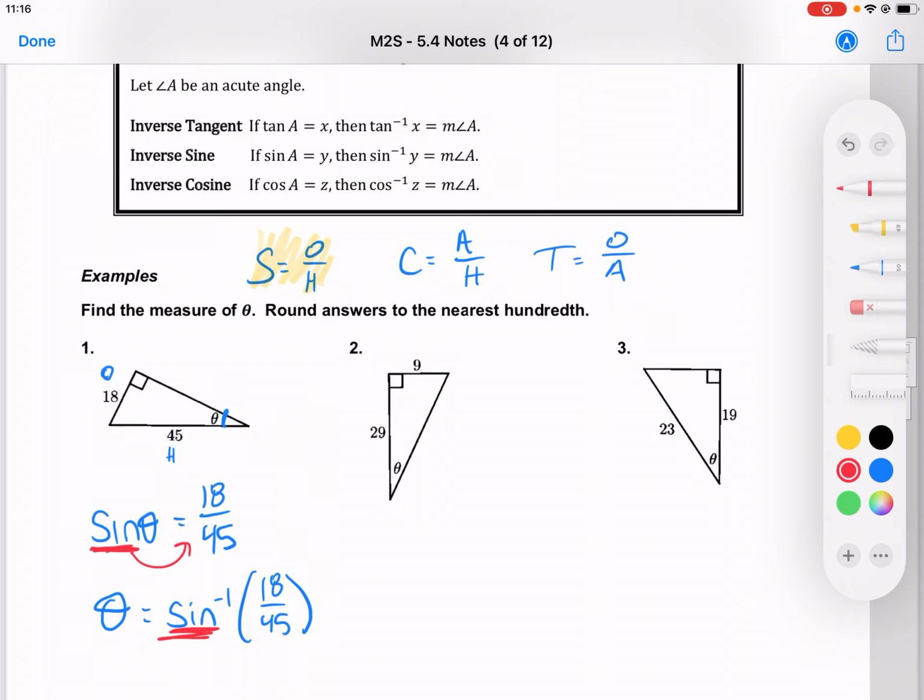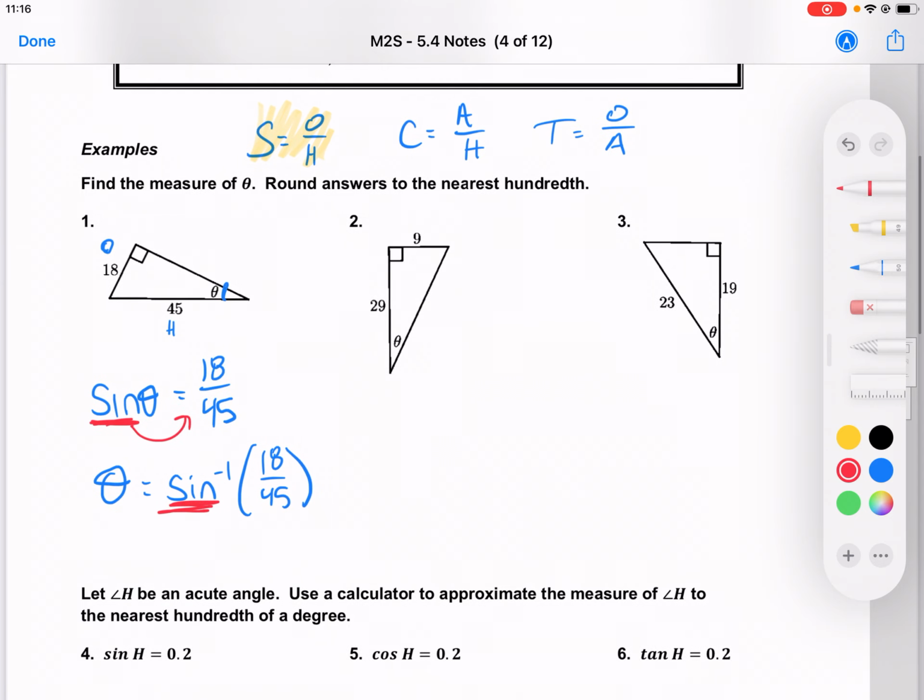On your calculator, the sine inverse button is right above the sine button, so you hit second and then the sine button, 18 over 45. That gives you theta is approximately 23.58, to the hundredth place.